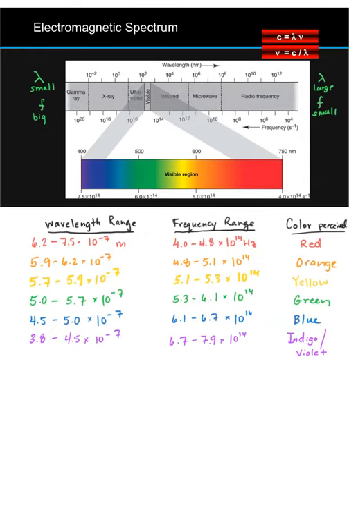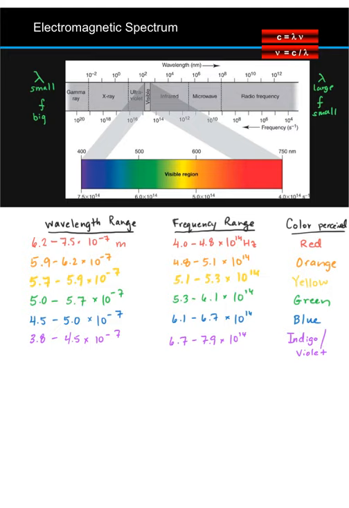Generally speaking, this visible spectrum of light has wavelength ranges and frequency ranges, shown here, that specify colors that we can classify as red, orange, yellow, green, blue, and indigo/violet.